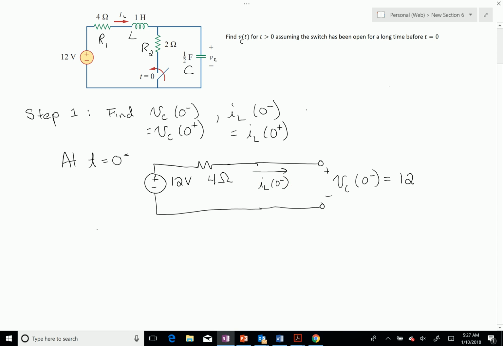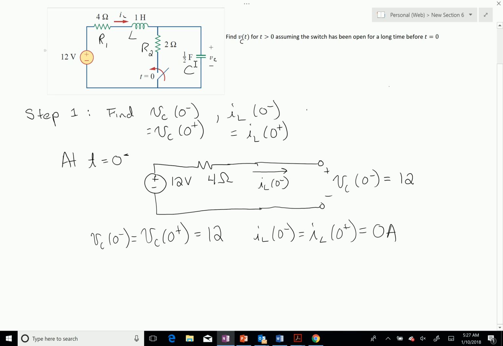So right now I can see that VC of 0 minus, which is equal to VC of 0 plus always, is equal to, in this case, 12 volts. And IL of 0 minus, which always has to equal IL of 0 plus, is equal to, in this case, 0 amps.